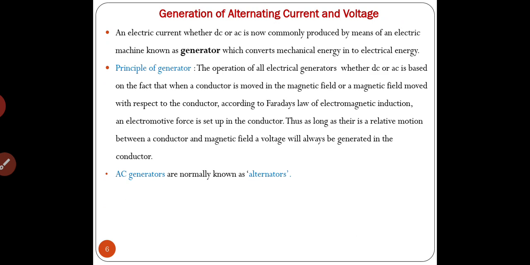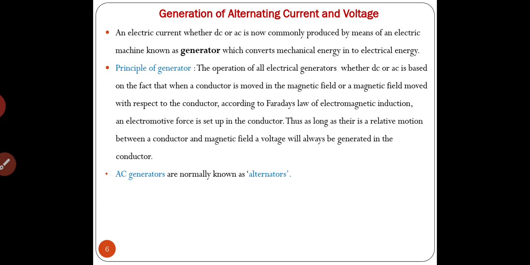According to Faraday's law, we have understood statically induced EMF and dynamically induced EMF. In statically induced EMF, the conductor is stationary and the flux is changing. Similarly, whenever there is conductor movement in the magnetic flux, we have a dynamically induced EMF or current.